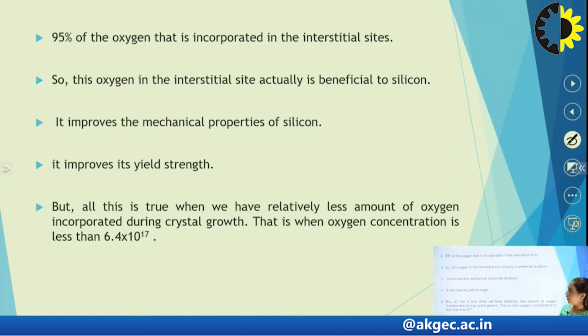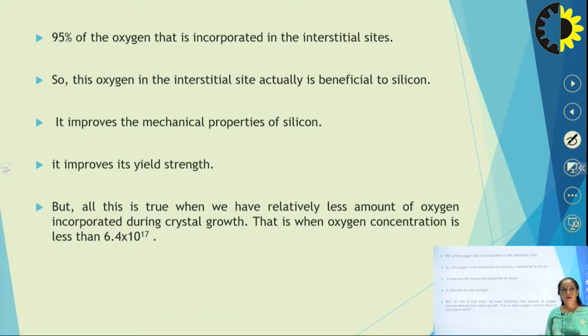Secondly, the 95% of the oxygen that was incorporated in the interstitial site will actually be beneficial to the wafer. It will lead to some advantages in the silicon structure: it will increase the mechanical properties of the silicon and improve the yield strength.